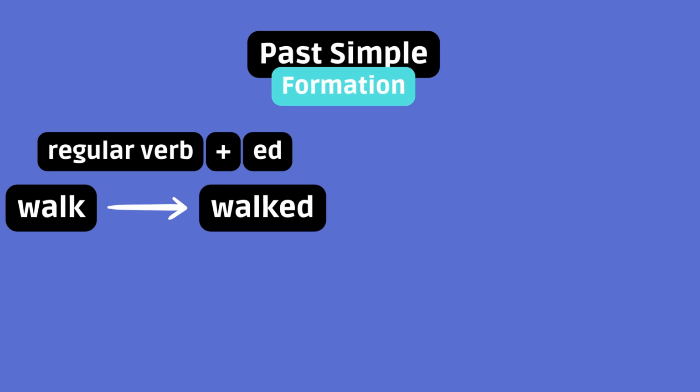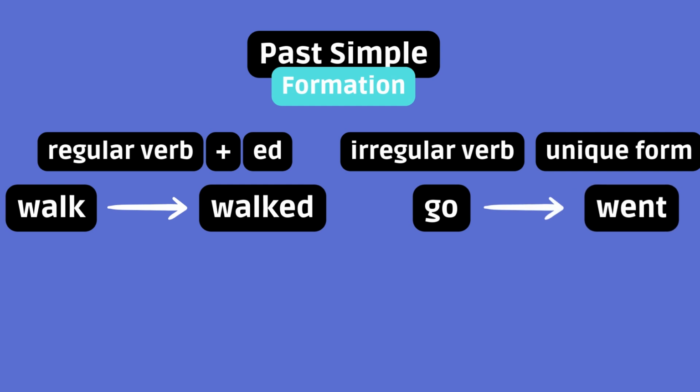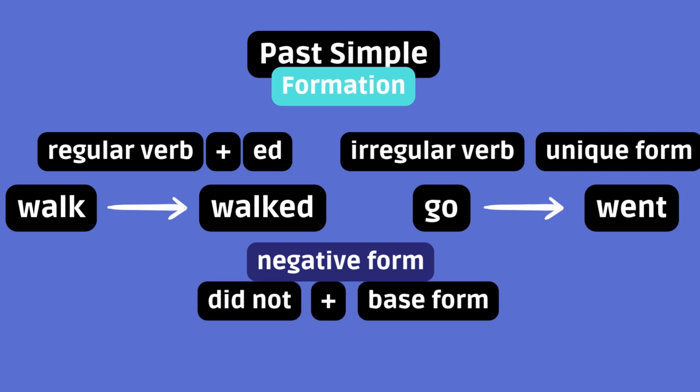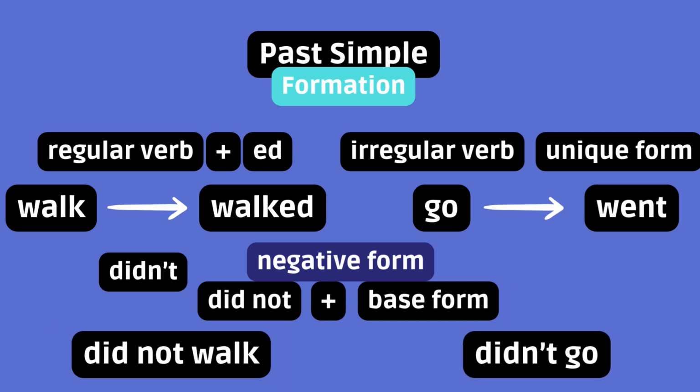But, and there's always a but, some verbs have their own unique past forms, like go turning into went. In addition, the negative form is simply did not plus base form, such as did not walk or didn't go. And if you want to learn more about the past simple, click on the link.